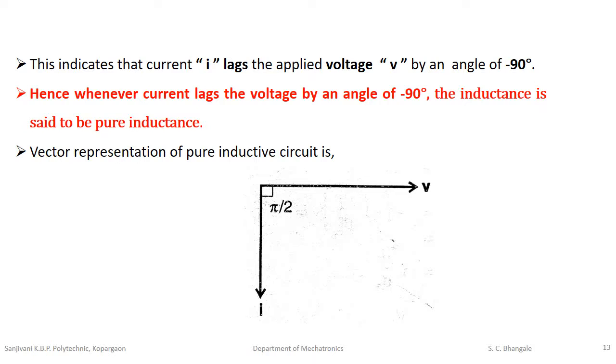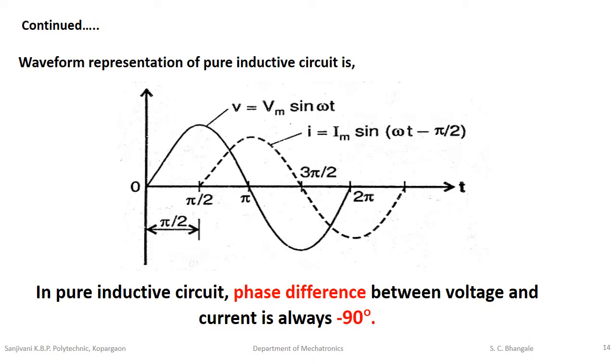The vector representation of a pure inductive circuit is shown here. This diagram indicates that the current lags the voltage by the angle minus pi by 2 radians or 90 degrees. Now if we consider the waveform representation of the pure inductive circuit, this waveform indicates the phase difference between voltage and current.